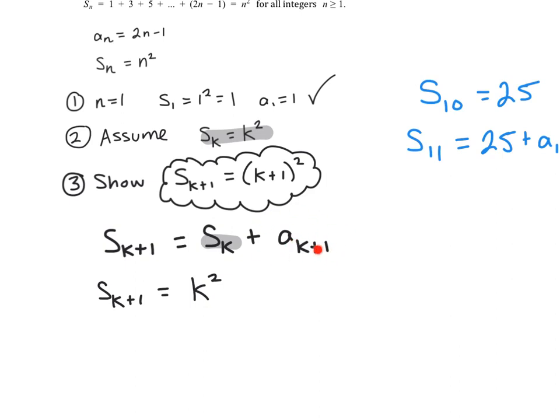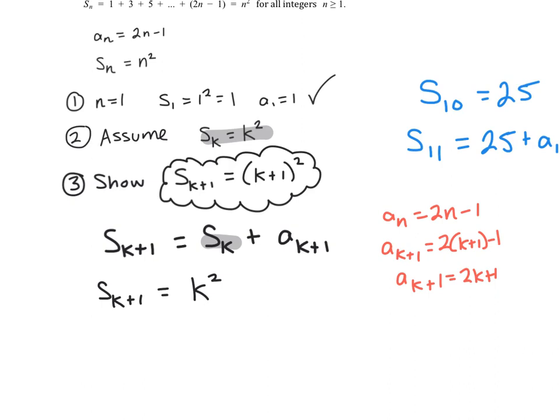This will be the k plus 1 term in our sequence. So remember, our rule for the sequence, which is up top, is 2n minus 1. So if I'm trying to find the k plus 1 term, I say 2 times k plus 1 minus 1. So that term is just 2k plus 1. I distributed and combined like terms.